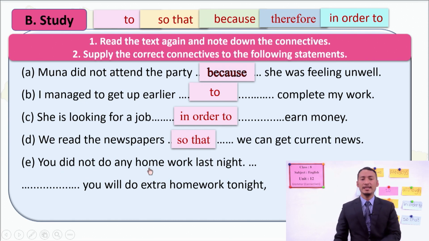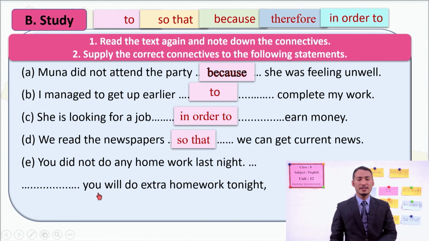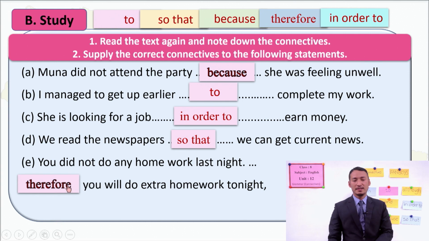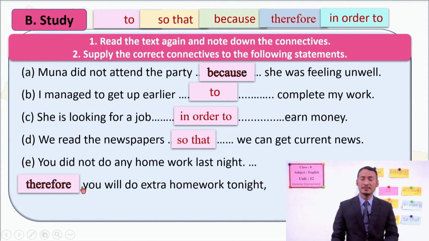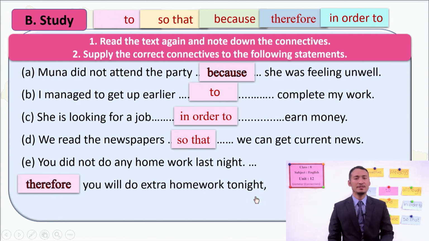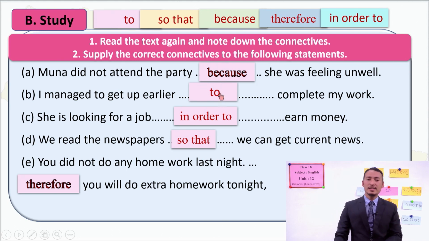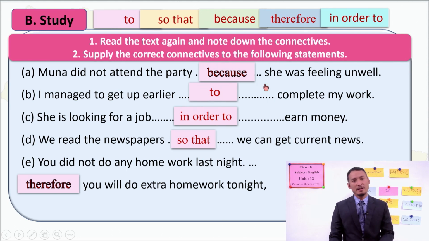You did not do any homework last night. The reason, you will do extra homework. Therefore, for that reason, you will do extra homework tonight. Okay, so here you see differences for using these connectives. Some are used before the clause. Here we have a full clause.